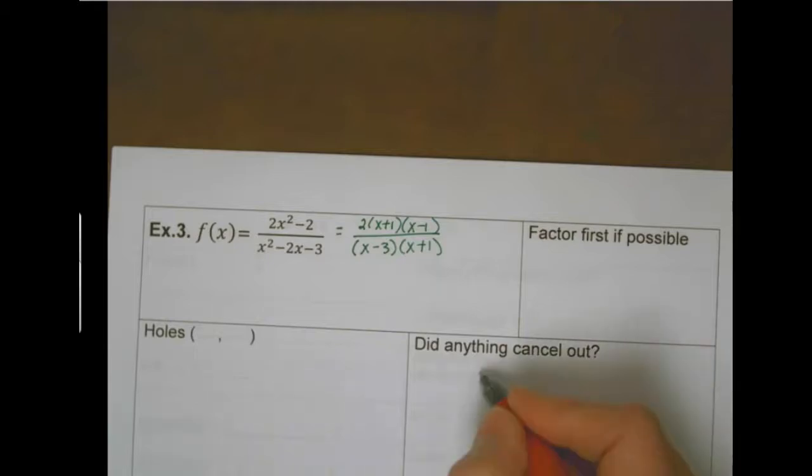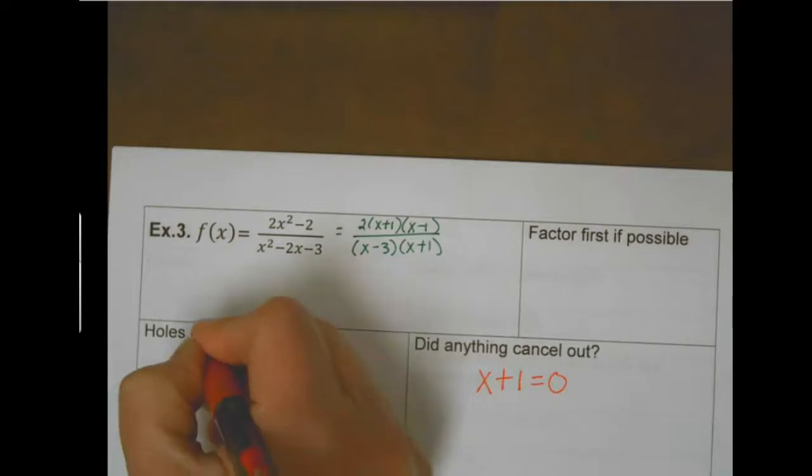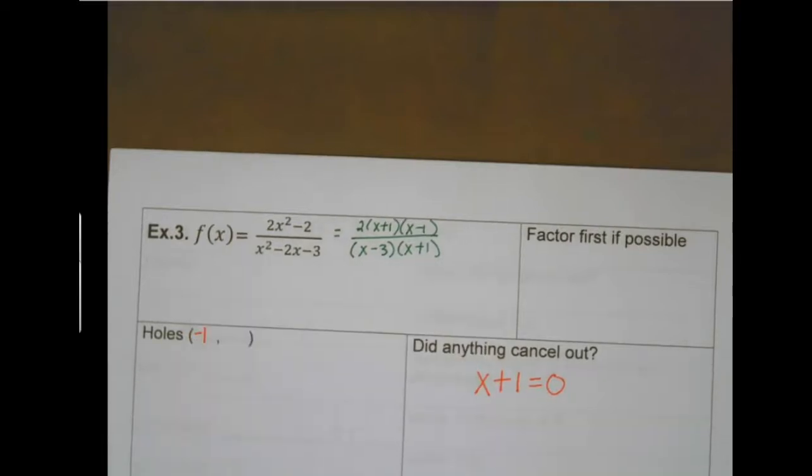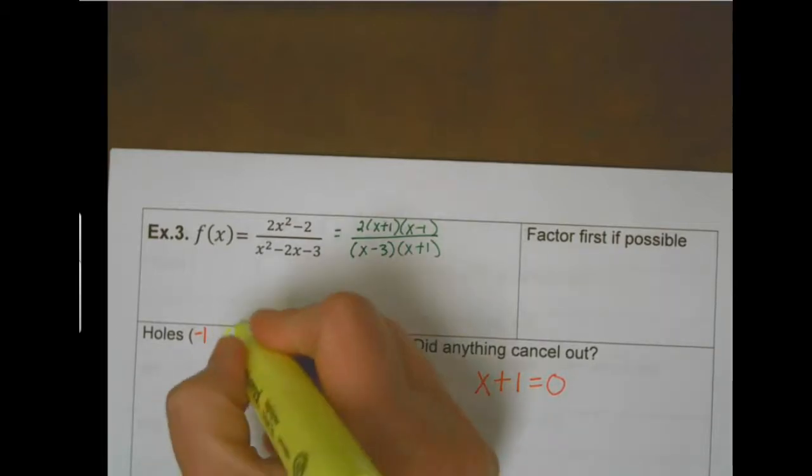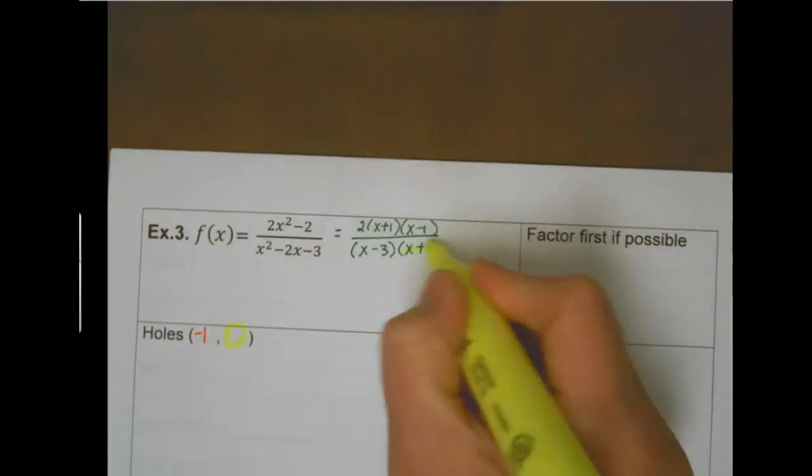What canceled out? Where this part canceled out, that's where I got a hole in the graph. And the hole in the graph is a point. So a point has an x part and a y part. We're going to come back to this part right here in just a minute.